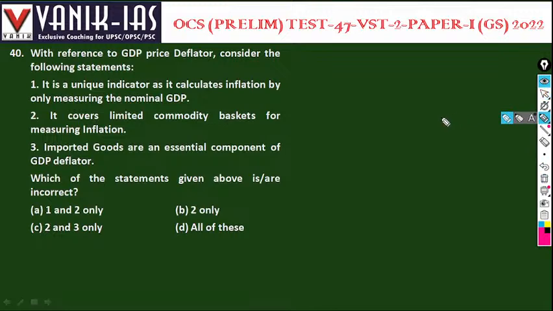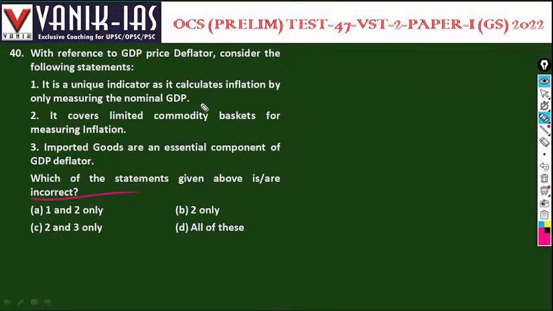With reference to GDP price deflator, consider the following statements. It is a unique indicator that calculates inflation by only measuring nominal GDP.